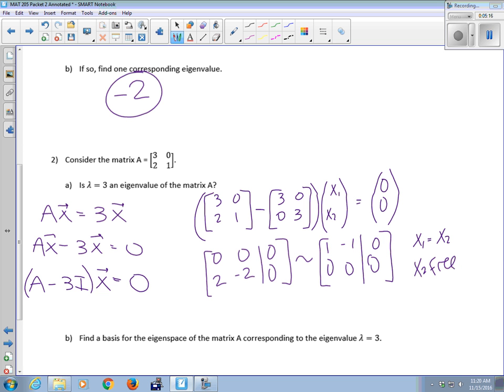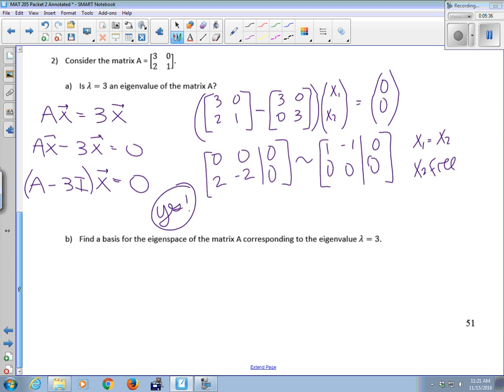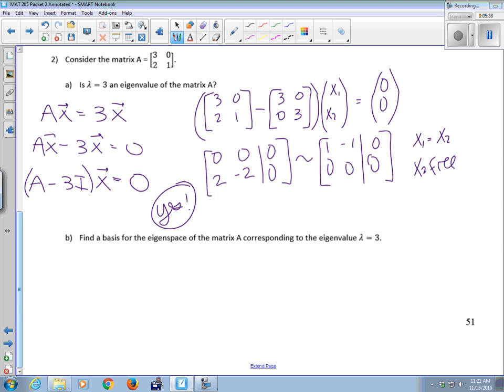So 3 definitely is an eigenvalue, because there is an x. This is a yes because there's a solution, and there are infinite eigenvectors that correspond to that eigenvalue. That is called the eigenspace. The eigenspace is all of the eigenvectors that correspond to a given eigenvalue.